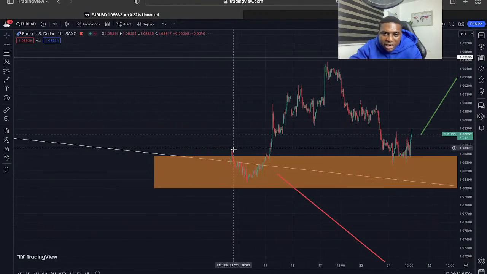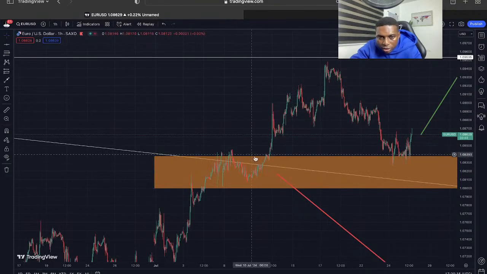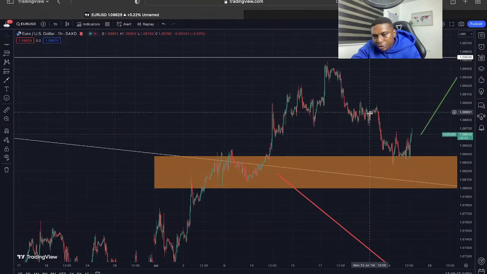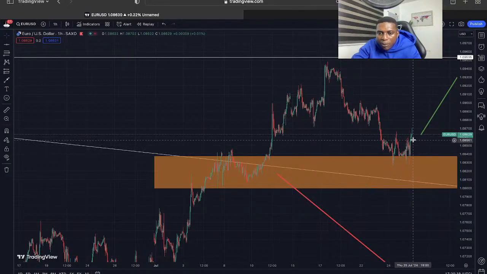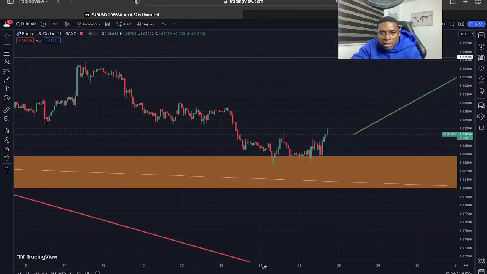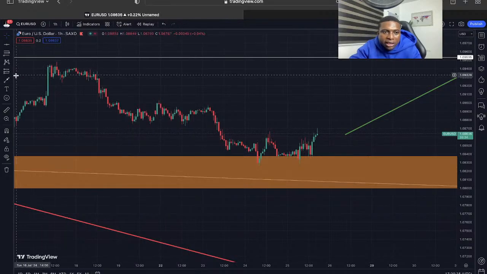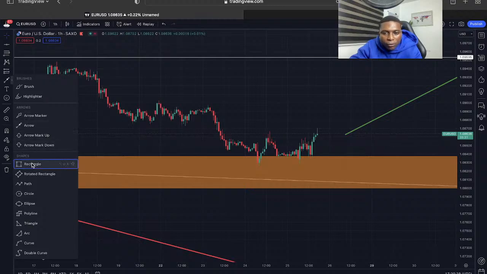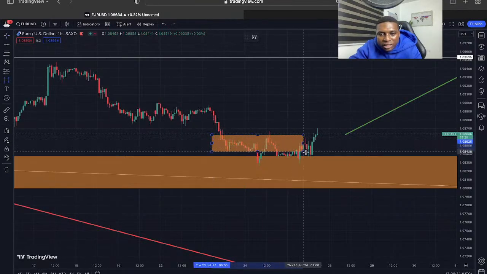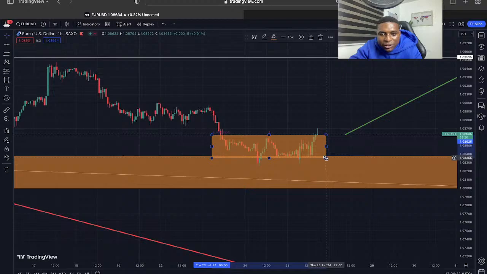Of course we can see the pullback, the breakout, then the retracement, and how price has been fluctuating here. Now, how do you confirm that you can long this market, for those who might be looking for further confirmation? You can see that price has been consolidating on this level.